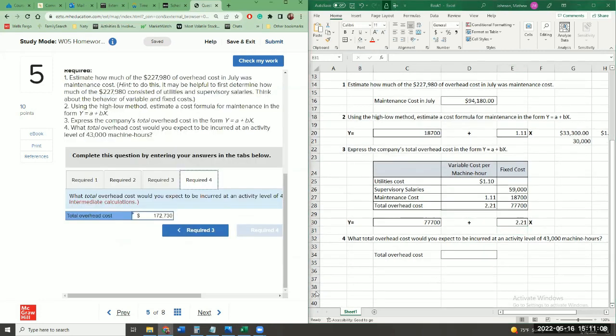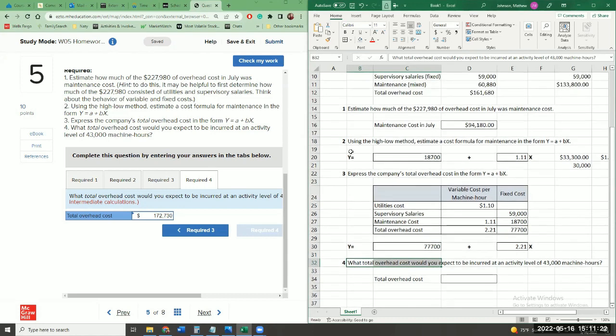So for the last question, what total overhead cost would you expect to be incurred at an activity level of 43,000 machine hours? Again, we're doing total overhead cost, not only the maintenance cost. So instead of using this first formula, we're going to use the one that we just created.